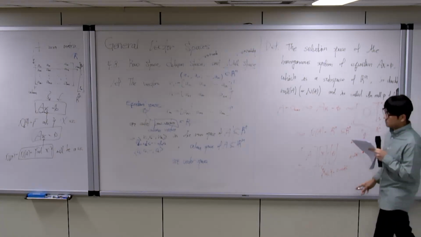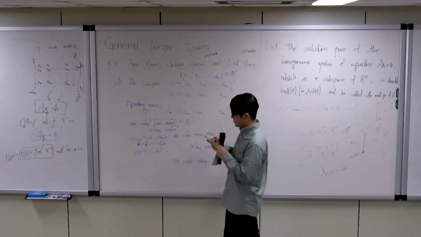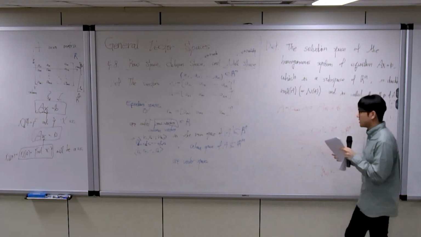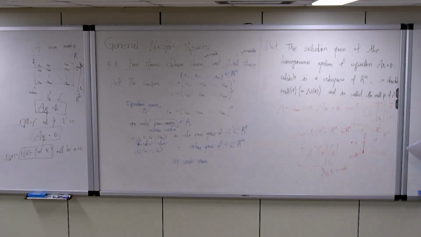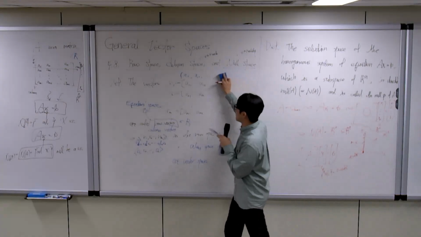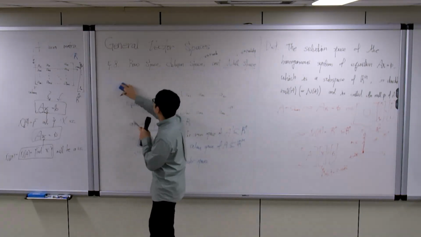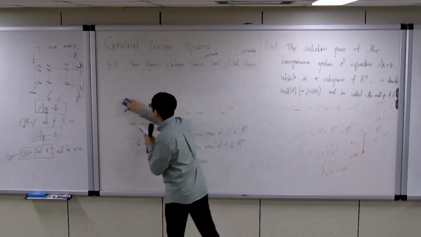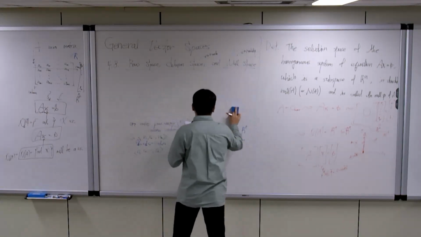Then we might ask about the relation among the spaces: row, column, and null space. Let's talk about it.